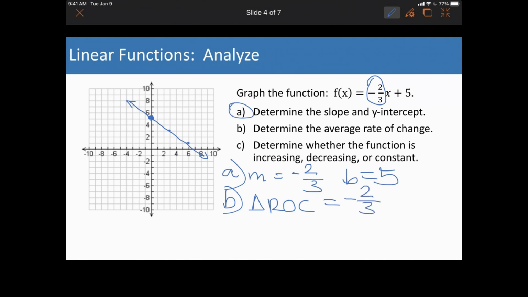So again, old idea, new name. So determine whether the function is increasing, decreasing, or constant. Well, let's look. From left to right, it is going down. So that is decreasing, which would make sense because our slope is negative, right? And that's it. See, not so bad.